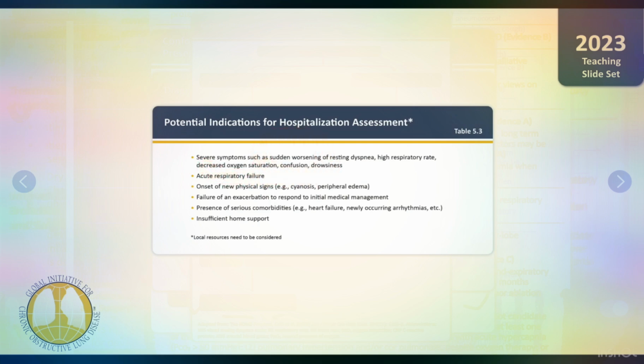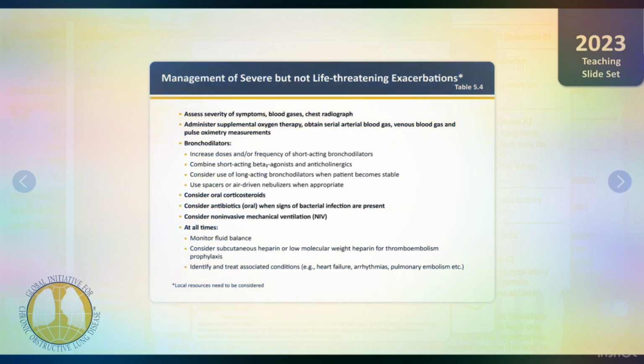They are telling severe symptoms such as sudden worsening or resting dyspnea, high respiratory rate, decreased oxygen saturation, confusion, drowsiness, acute respiratory failure, onset of new physical signs like cyanosis and peripheral edema, failure of an exacerbation to respond to initial medical management, presence of serious comorbidities like heart failure or newly occurring arrhythmias, and insufficient home support.